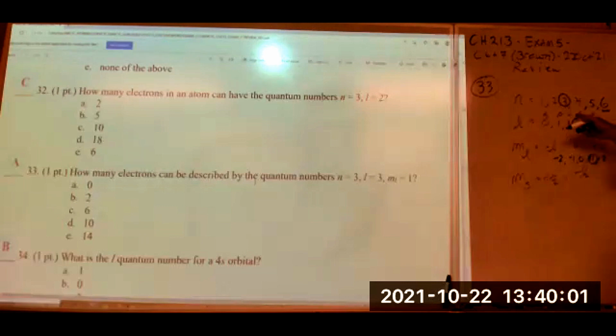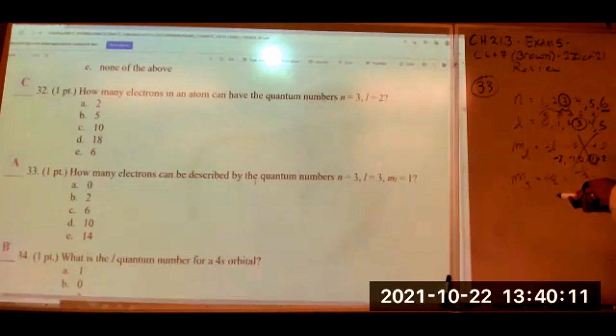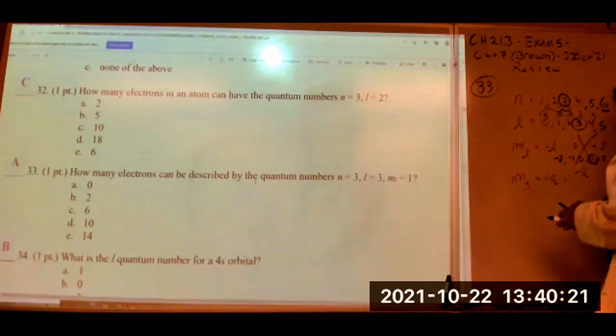No, wait a minute. That's not possible. 0, 1, 2 is all this one can have. Right? So that won't work. 0 electrons will have these quantum numbers. All right? And I'm getting kind of messy here, so I'm going to have to erase this.